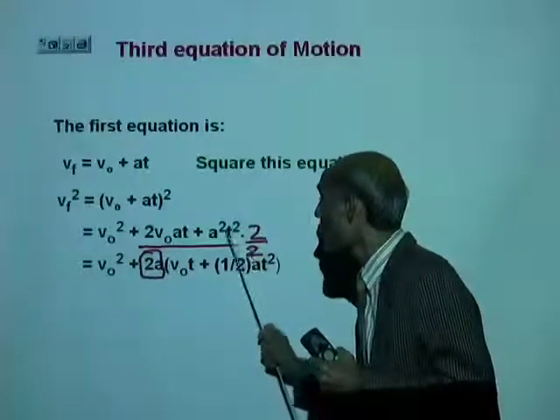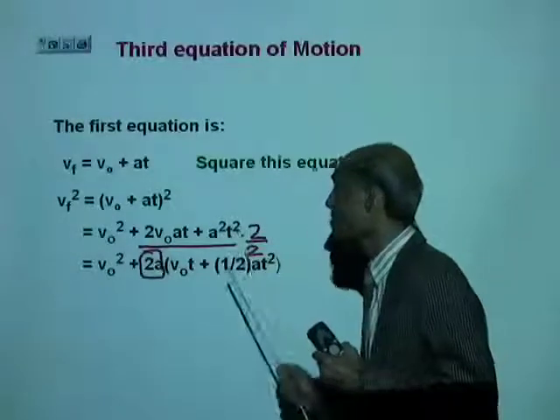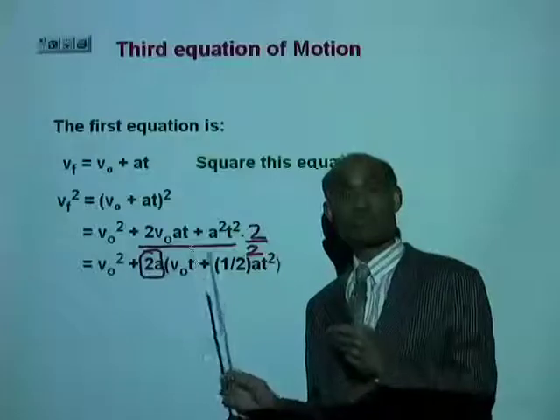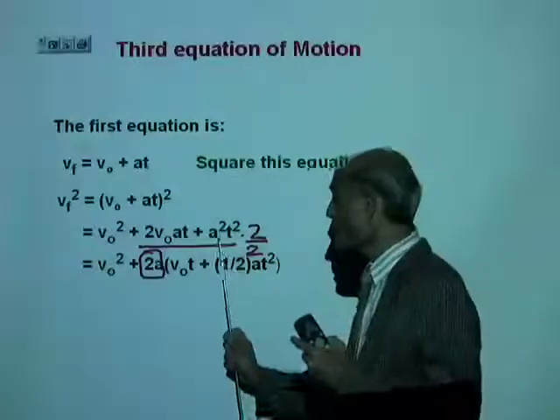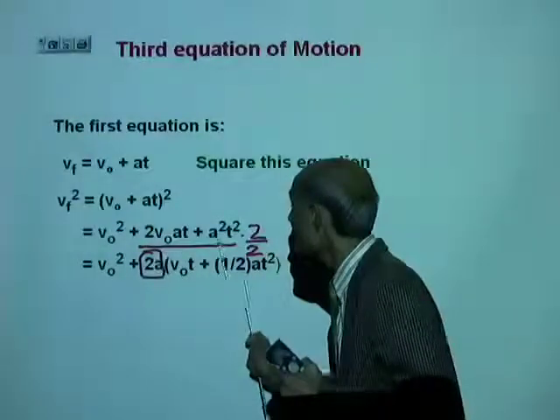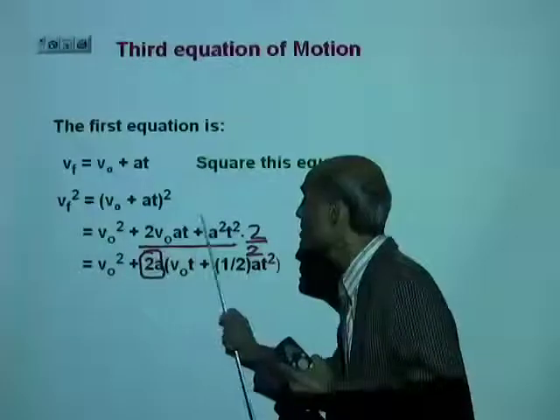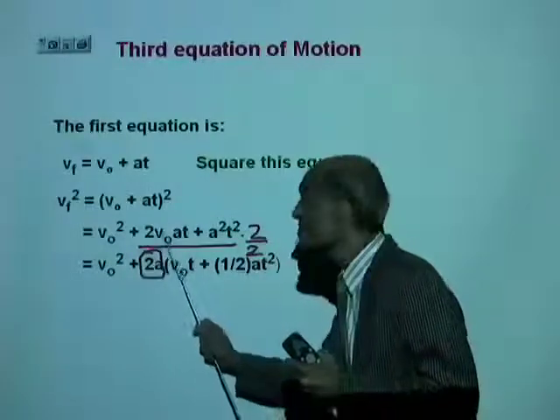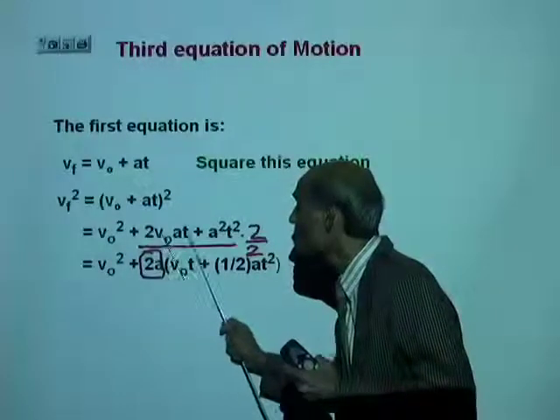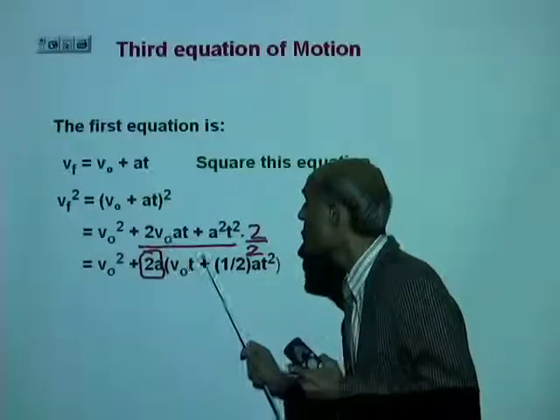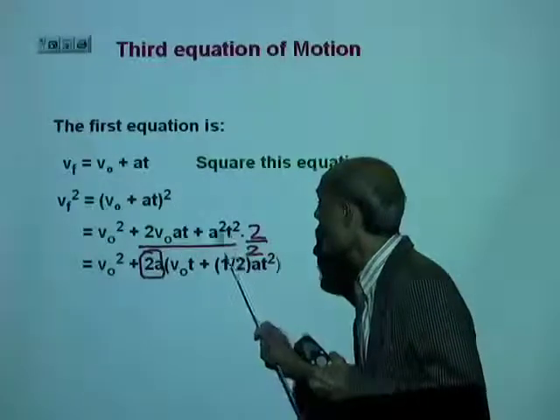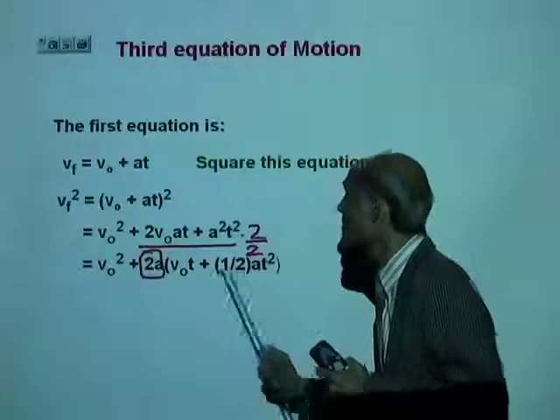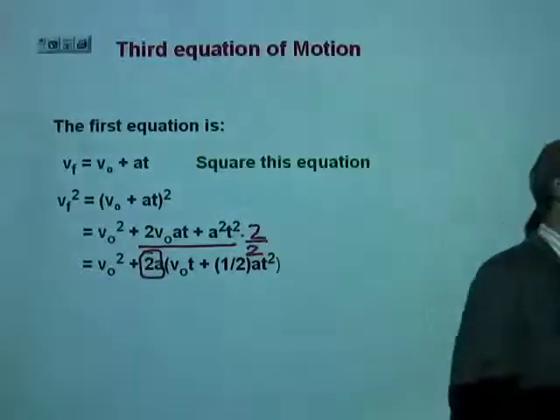That will be a 1/2 a t squared. Now, how beautifully we produce that quantity. When 2a is factored out from these two terms, what is left there is v0t in here plus 1/2 a t squared in the next term. Okay.